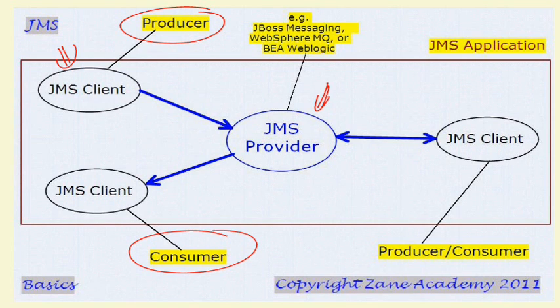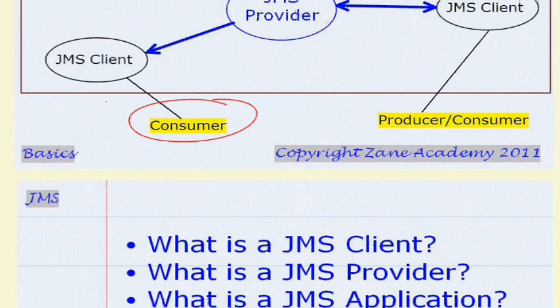It can subscribe to topics to receive messages from those topics, and it can also publish to other topics. Essentially, the combination of different JMS clients and one JMS provider interacting with each other makes up a JMS application.